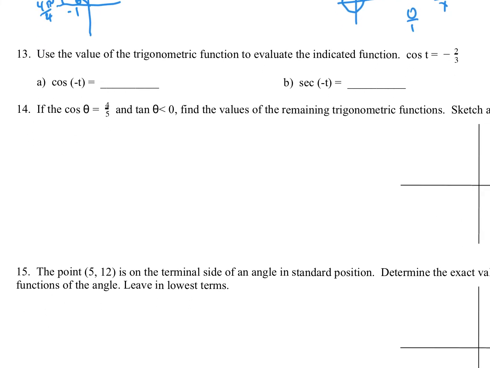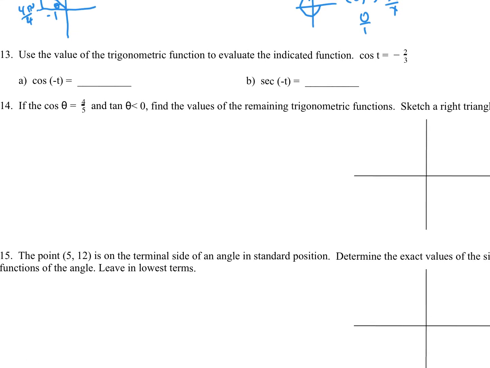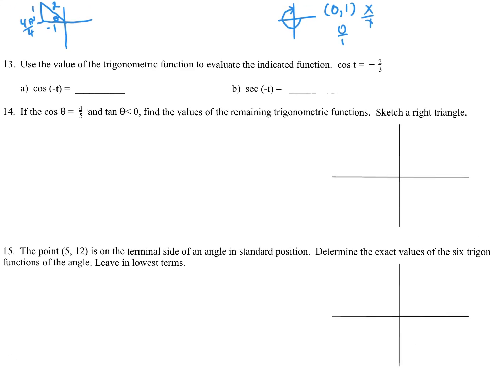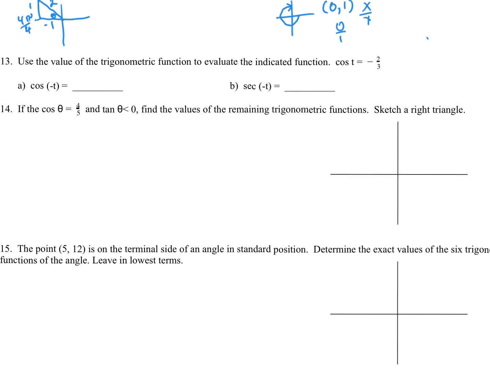Number 13, use the value of the trigonometric function to evaluate the indicated function. Cosine of t is negative 2/3. So here we're not given a value in the unit circle, but that doesn't mean we can't evaluate it. Since cosine is negative, we're going to assume this is in the second quadrant. And then this goes here. This is t, negative 2.